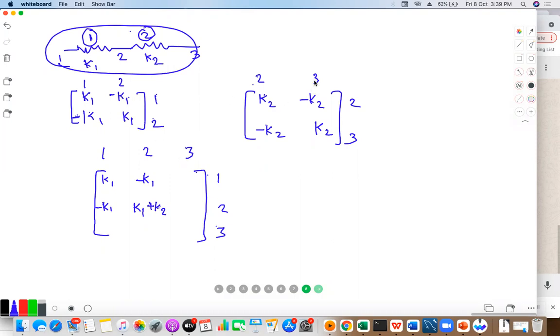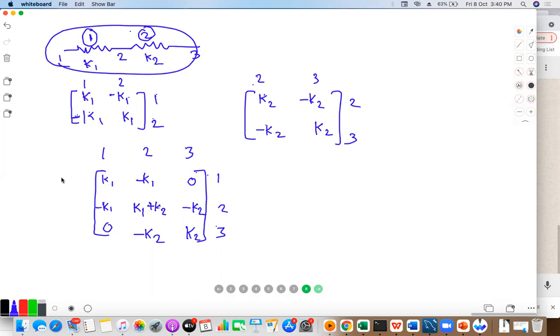Now at 3, 2, I have minus K2, so I will write minus K2 here. At 2 and 3, column 2, row 3, I have minus K2, so I will write minus K2 here. Now column 3 and row 3, I have K2, so I will write K2. Whatever values I have, I have written, and whatever is empty, I will replace with 0.